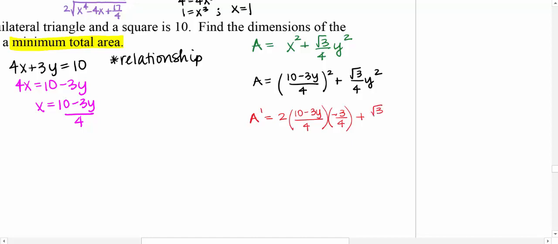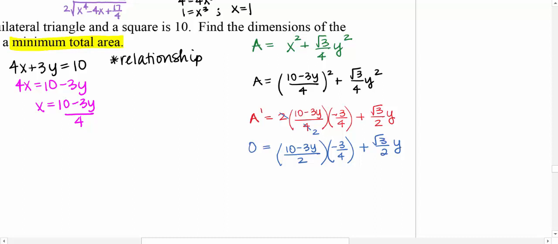So this will be square root of 3 over 2 times y. And I will set this equal to 0 before I do anything to this. So I have 10 minus 3y, I'll just leave this for one step here, over 2 times negative 3 over 4 plus rad 3 over 2 y.